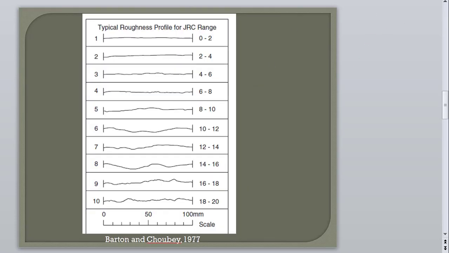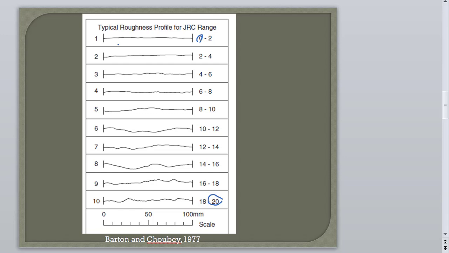You can see this is the Barton and Choubey standard JRC profile, with serial numbers 1 to 10 and the JRC ranging from 0 to 20. Based on the profile of the profilometer on the discontinuity surface, we can correlate physically in the field as well as in the laboratory.